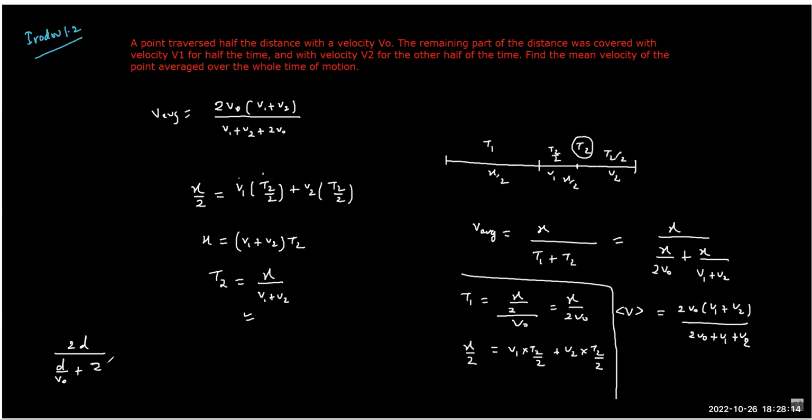This plus 2T, no? Yes, sir. That 2T I wrote as. Yeah, you can see the mistake. Okay, sir. So that 2T becomes 2D by V1 plus V2. And now this will give you the answer which is desirable.